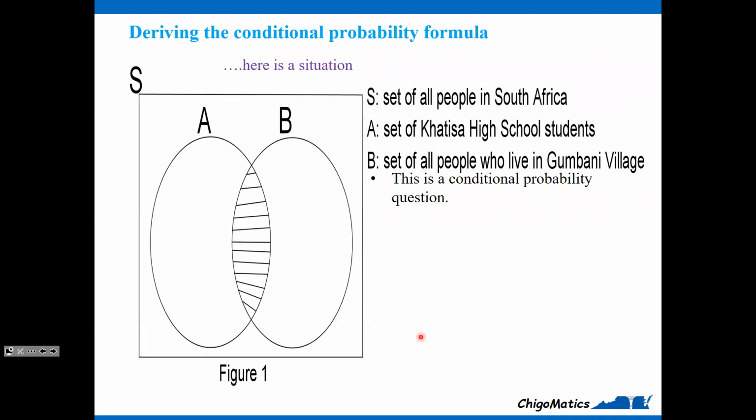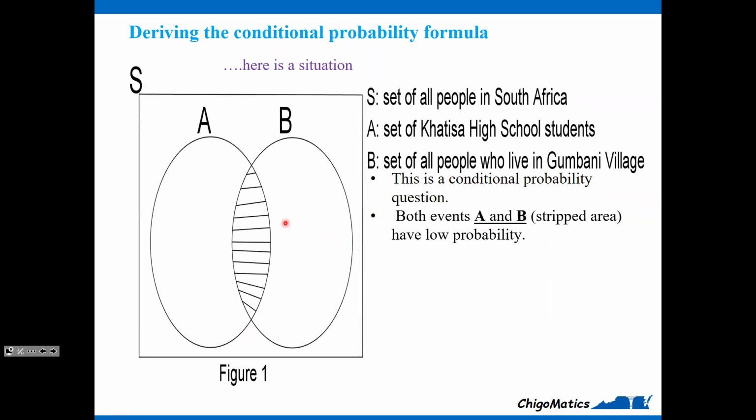This question is a conditional probability question. But we need to understand that both events A and B, that is this part, have a low probability.